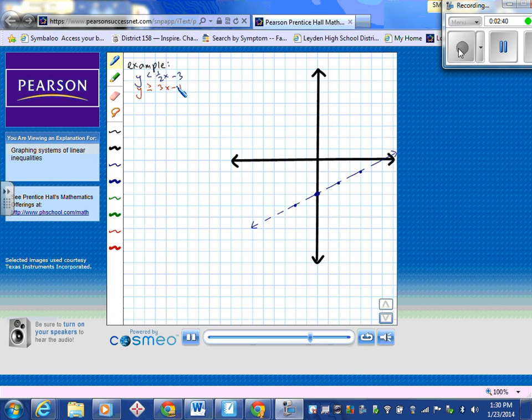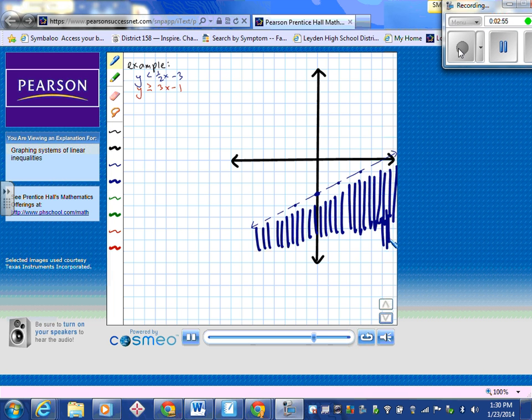And we see that because we have y is less than, we're going to go ahead and shade the region below our line. And so all of this, the dotted line and the shading below, represents y is less than 1/2 x minus 3. And there's our shading.